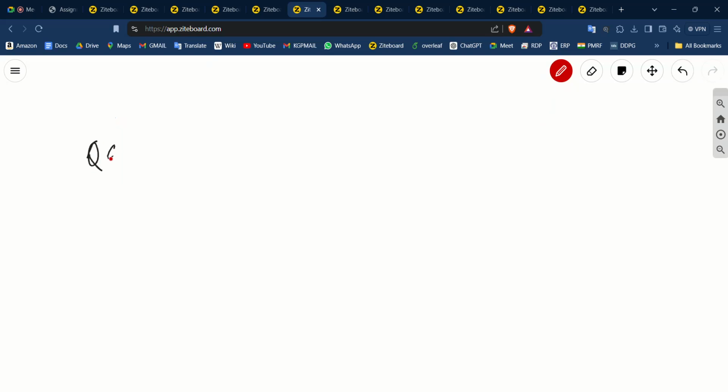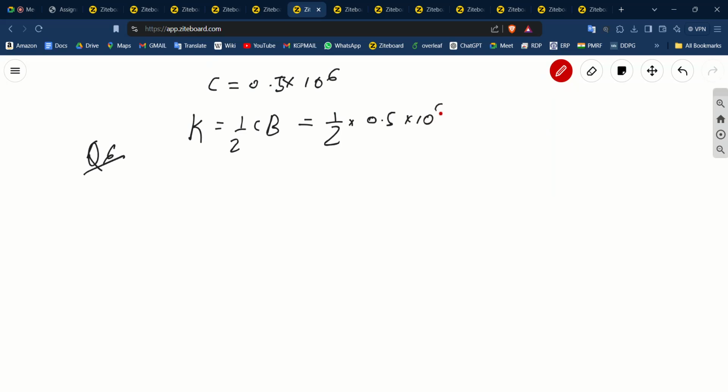Question 6, C is now 0.5 into 10 to the power 6. So K will be half C times B. So half into 0.5 into 10 to the power 6 into 2.